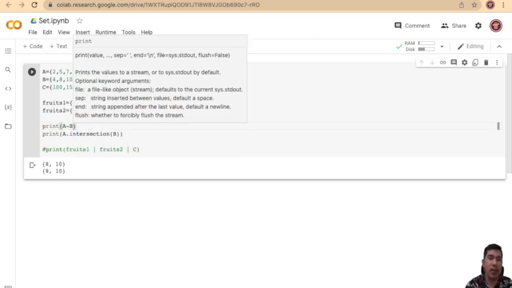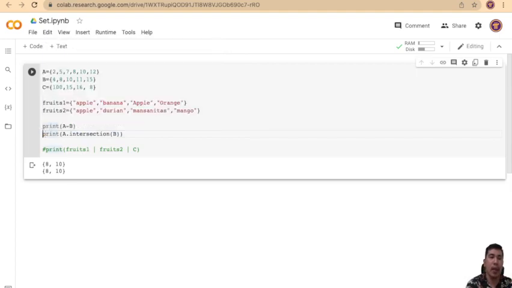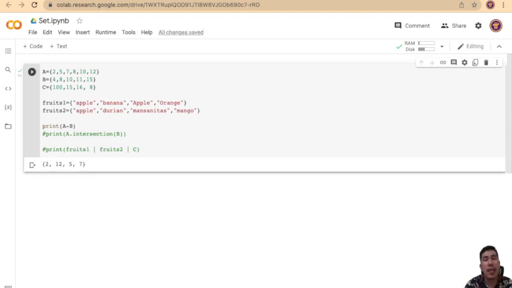So basically, out of the two sets, we take the difference of the two sets A and B. We only have left 2, 12, 5, and 7.